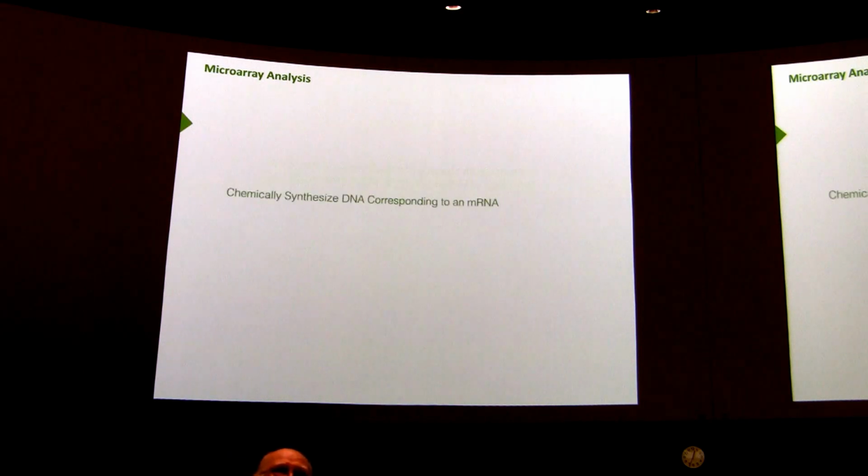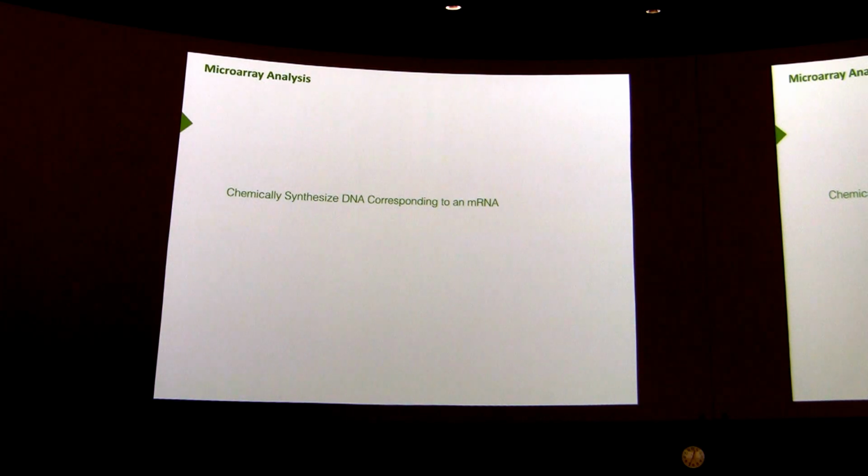Let me tell you how the process works. First, in order to do this, I have to chemically synthesize a DNA that's complementary to a messenger RNA that I want to analyze. So let's say I'm interested in the messenger RNA for DNA polymerase. I have the complete genomic sequence of an organism, so I look up the sequence of this DNA polymerase.